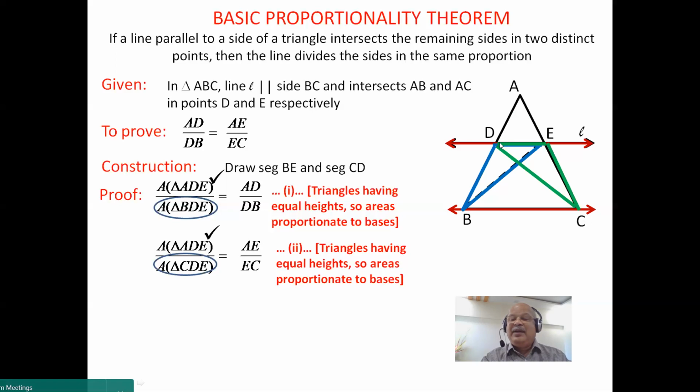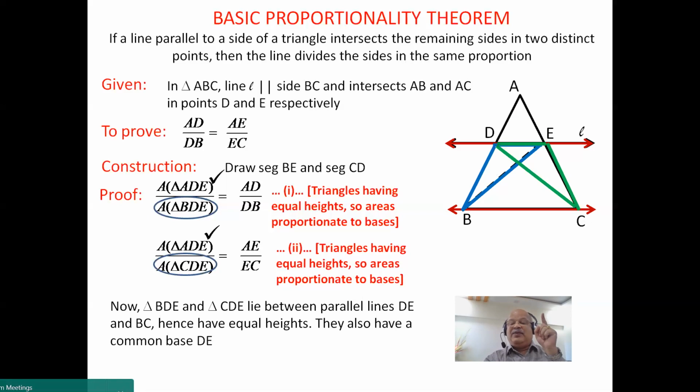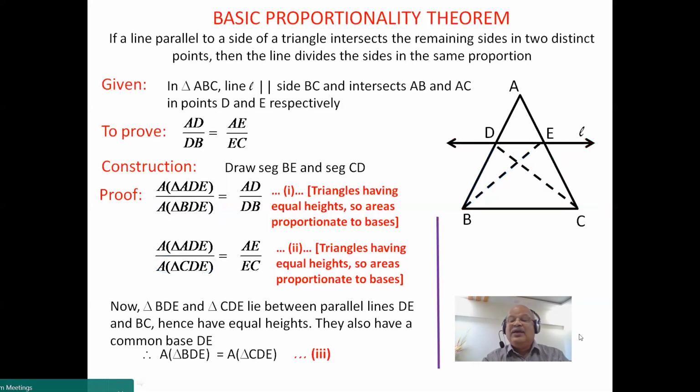This segment DE happens to be a common base for the blue and the green triangle. It means both these triangles also have a common base. The heights are equal, the bases are equal. So we go back to property number 4, that the area of the first triangle is equal to the area of the second triangle.